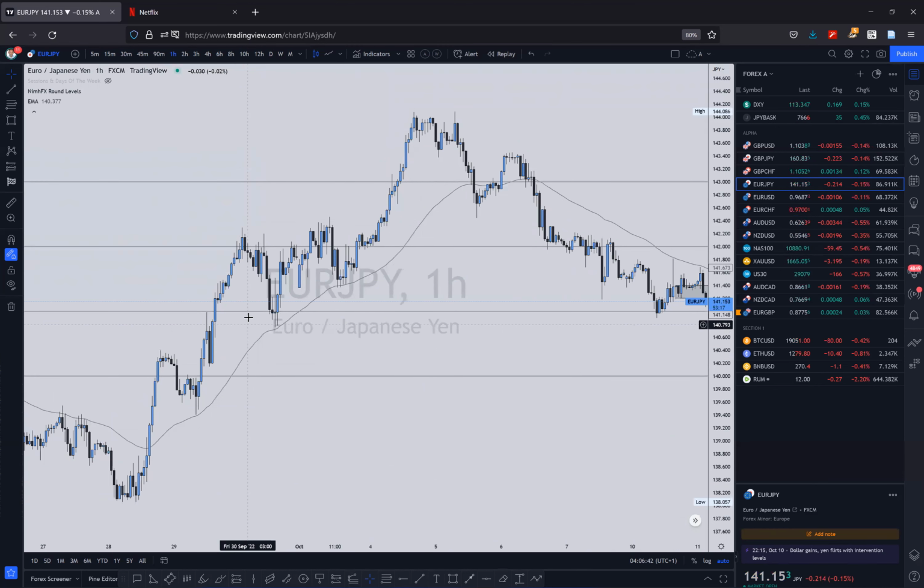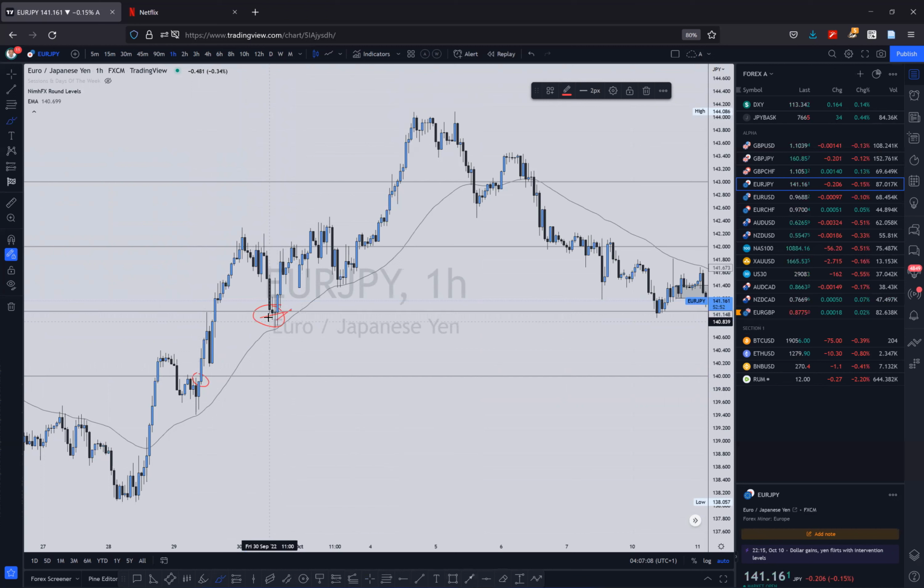So here, for instance, we don't get any trend line break, but we have price above the EMA. Price started from here at this psychological level, went up, and came back to test the psychological level, 1.14, 1.141, and price is still above the EMA.